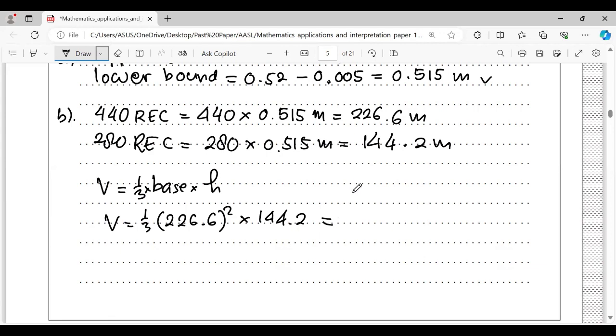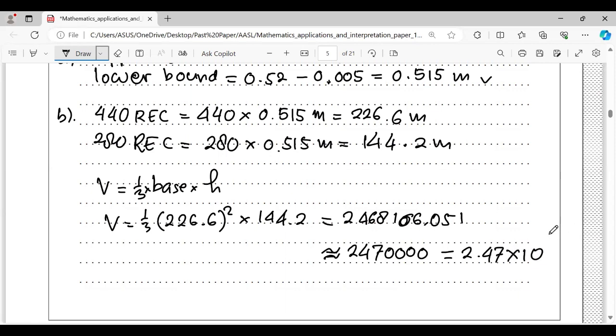If you calculate, the result is 2468106.051, or rounded off, 2.47 times 10 to the power 6. This is our volume in cubic meters.